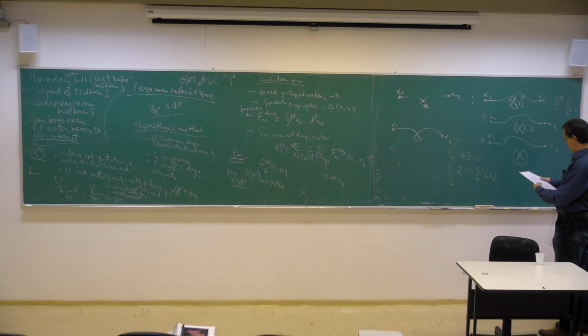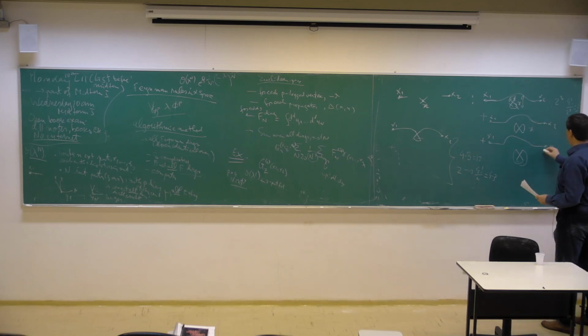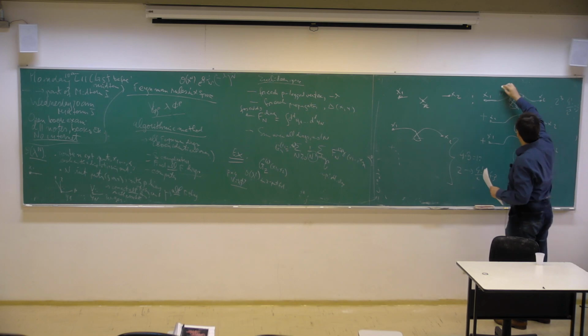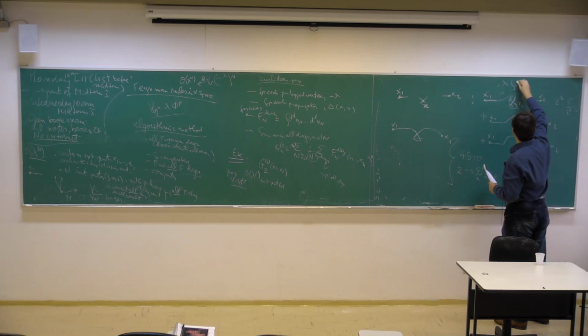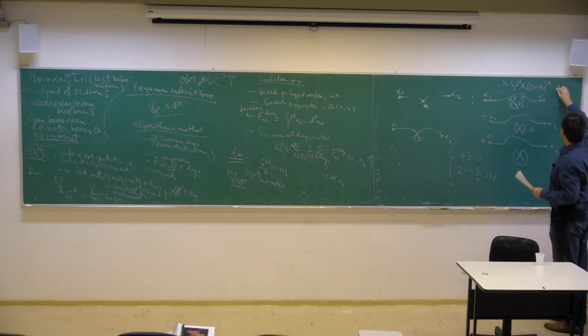Yeah, perhaps. I mean, it's kind of obvious, but let's write these things also. So this would be minus lambda integral ddx. I have 2 propagators, so delta xx squared, and then times delta of x1, x2.